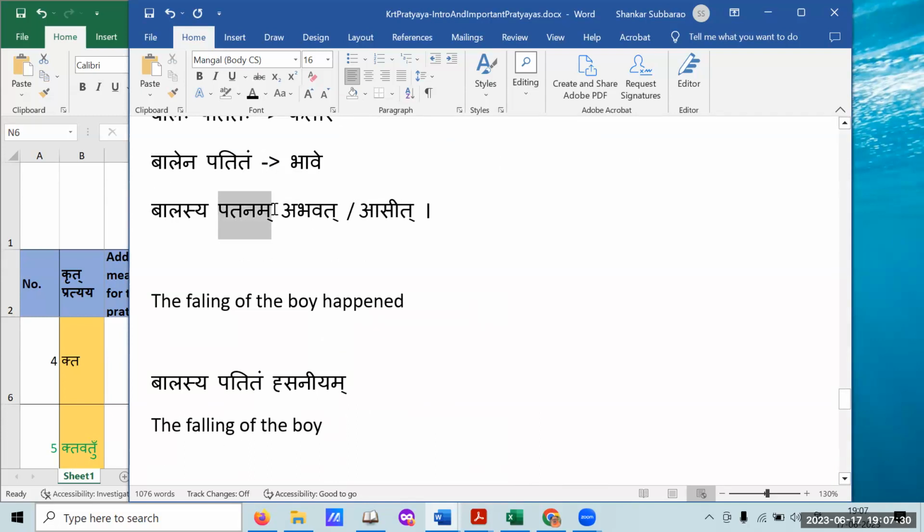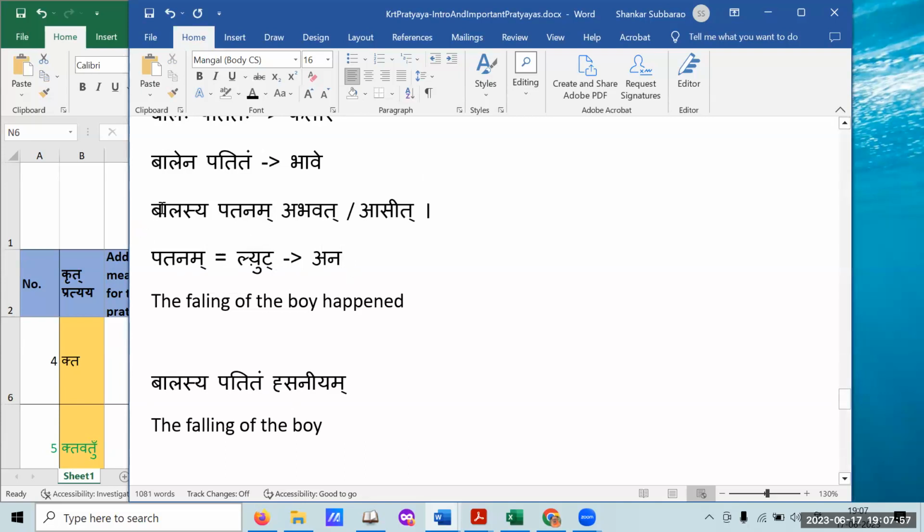What pratyaya is this? This is called lut. Go back to the spreadsheet, you will find lut. And lut content is what? Ana. Don't ask me how lut becomes ana. We will see that later. U becomes ana. That's all. So ana. So therefore, patanam.